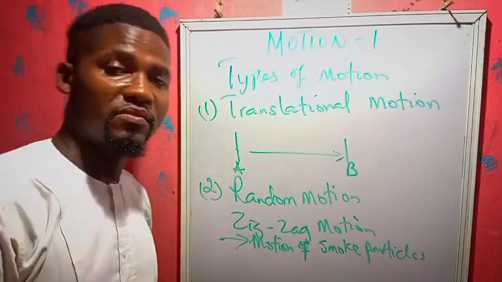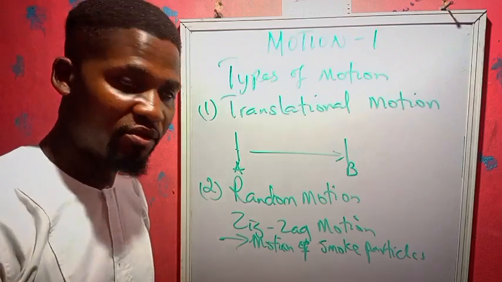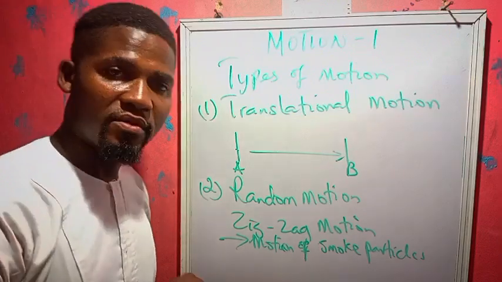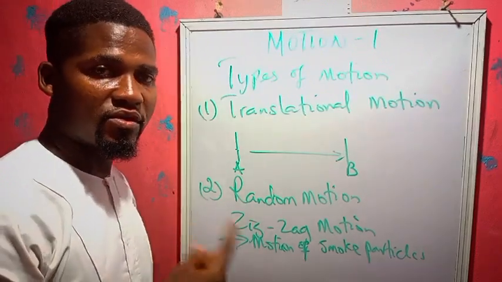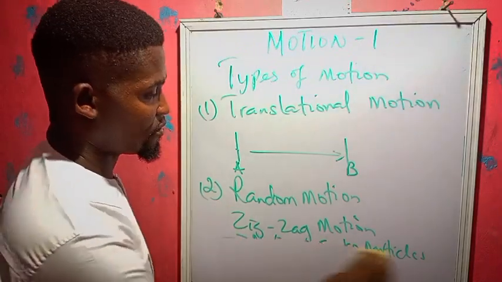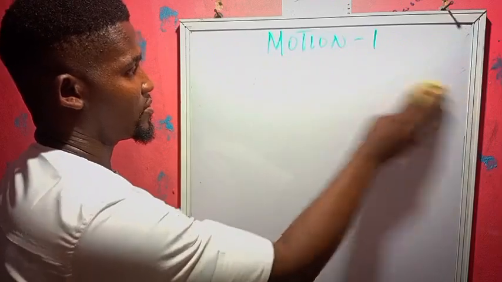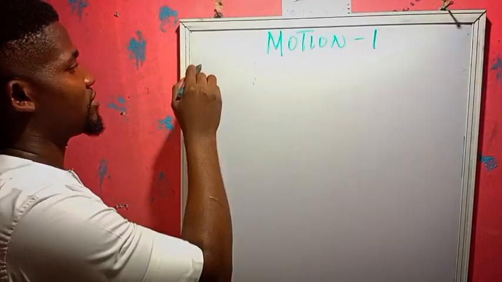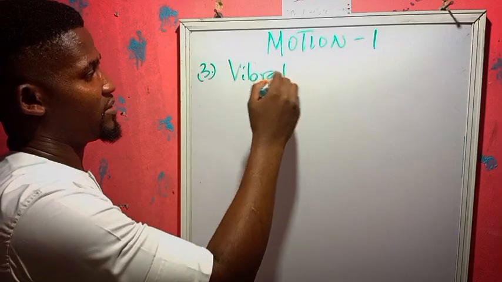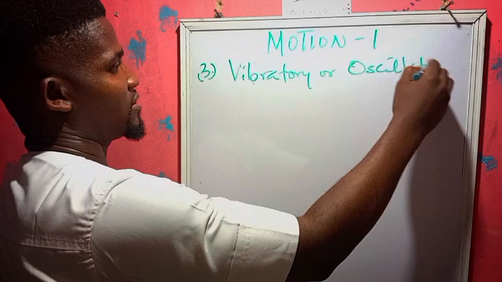The other two types of motion are oscillatory or vibratory motion, and rotational motion. Let me rub this off so that I can use illustration to show that. The third one is vibratory or oscillatory motion.